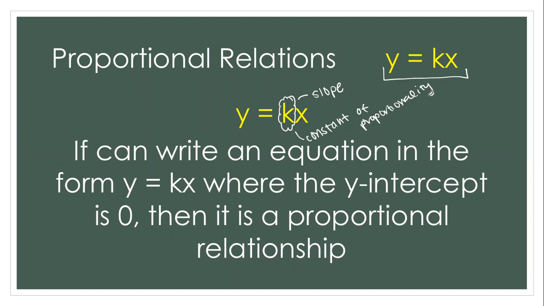This tells me the rate of change of the relationship between X and Y. This should look familiar to y equals mx plus b, but what's different is the plus b part, because for a proportional relationship, the y-intercept is 0.